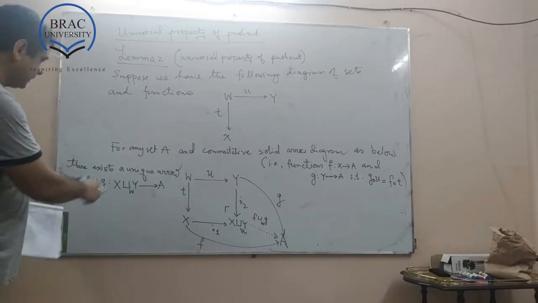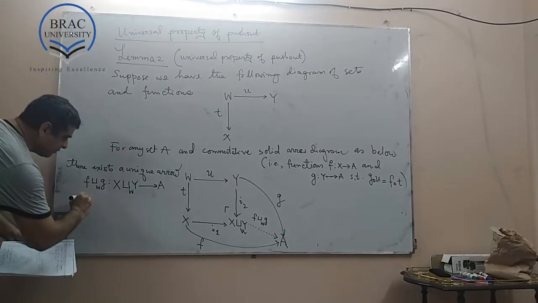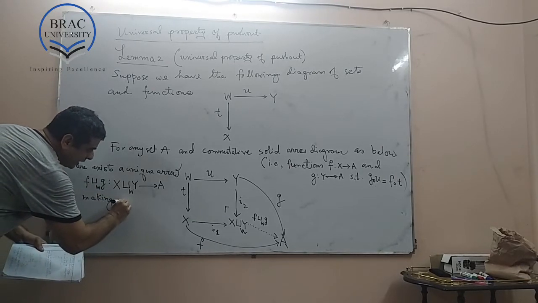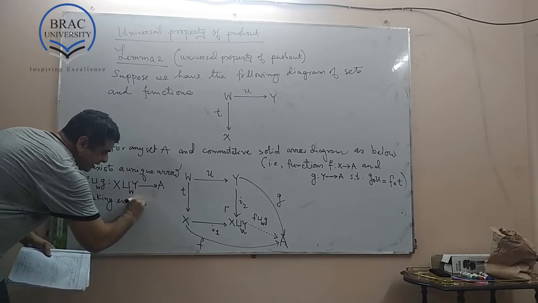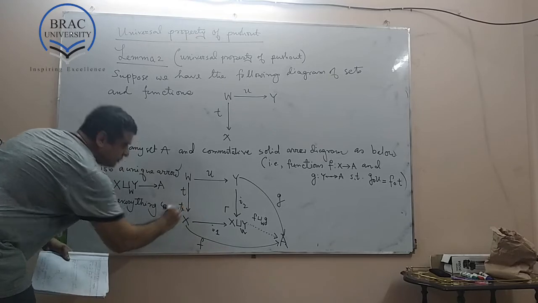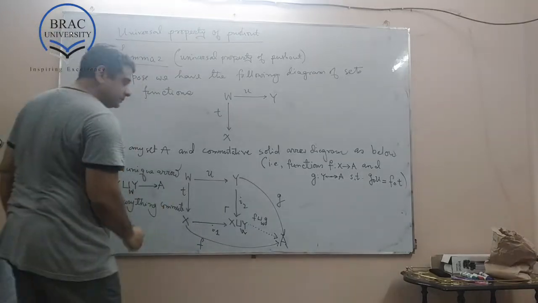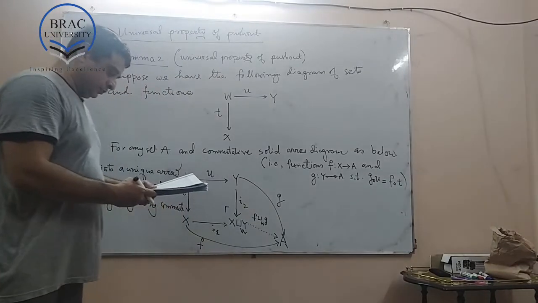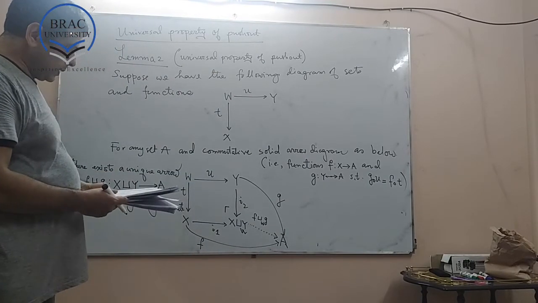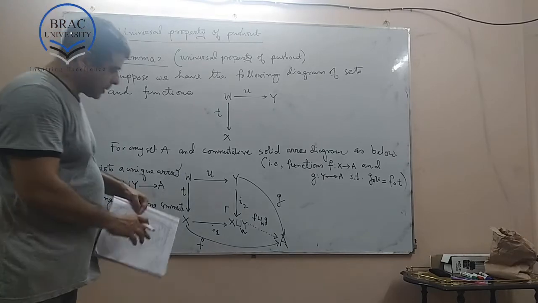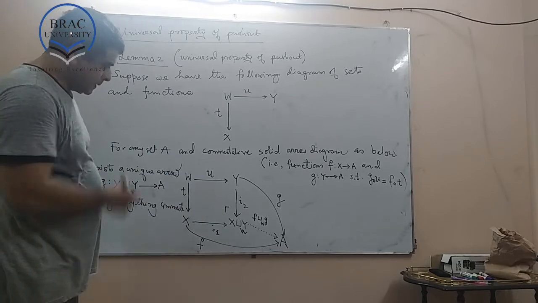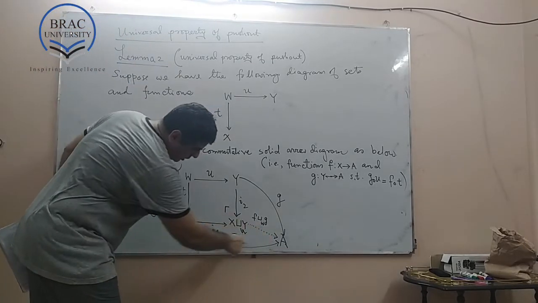So that, making everything commute. So if everything commutes, then take this triangle here.